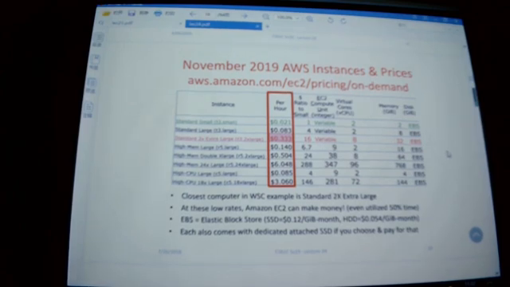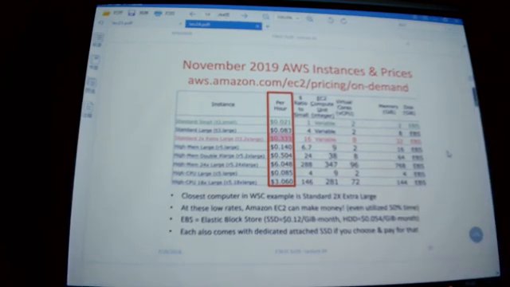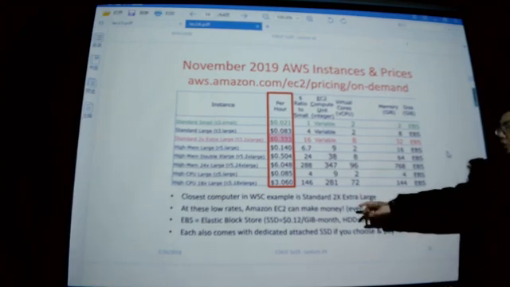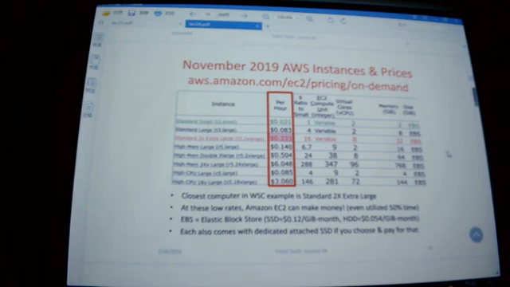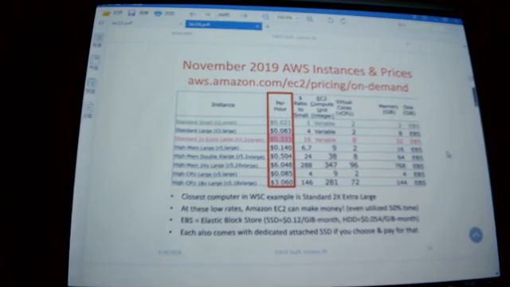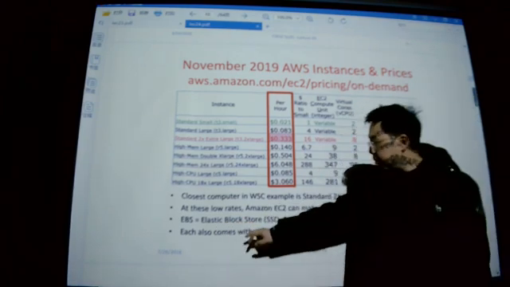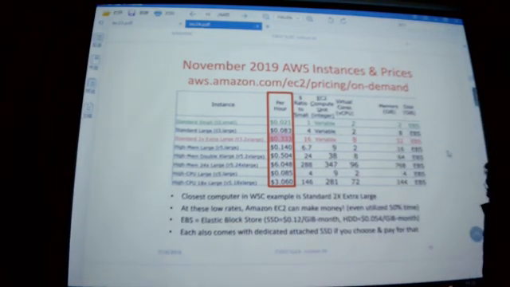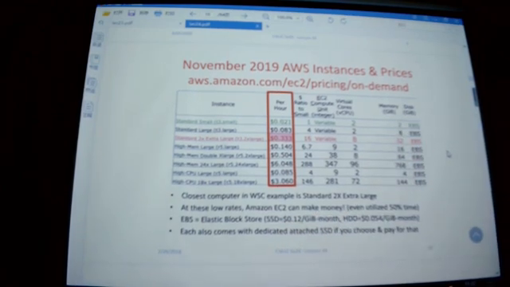So we want the change. So the cloud computer in the WSC example is standard to multiple extra large. At these low rates, Amazon can make money. EBS is Elastic Block Store.